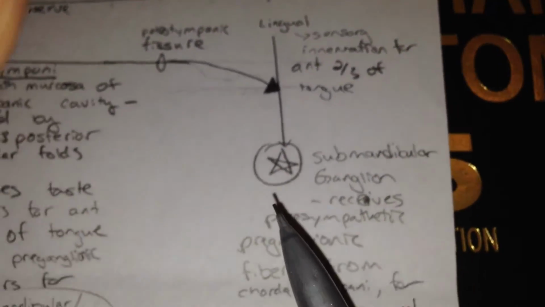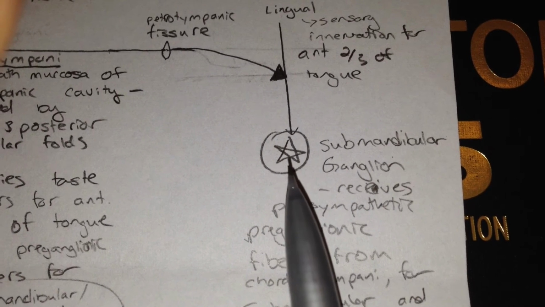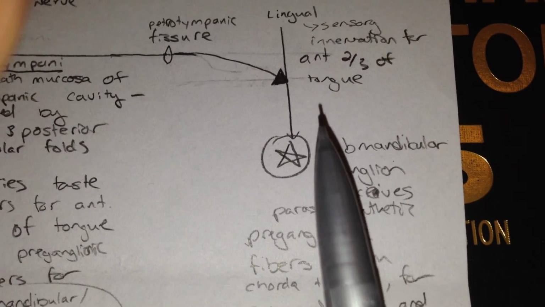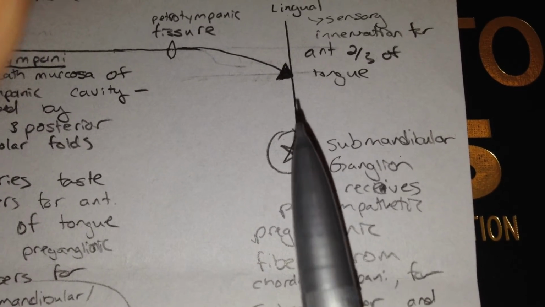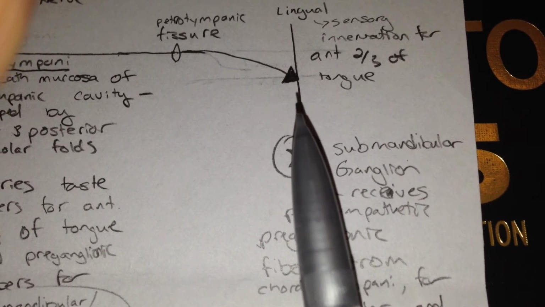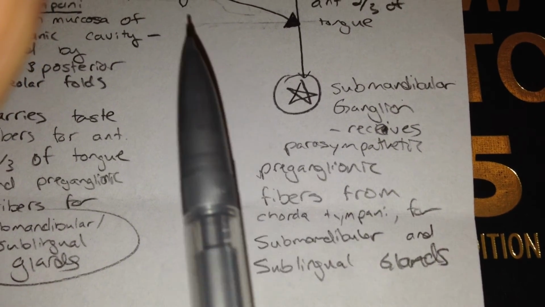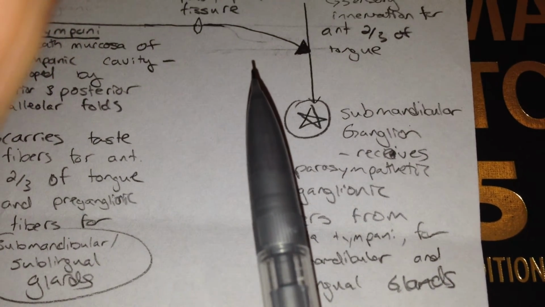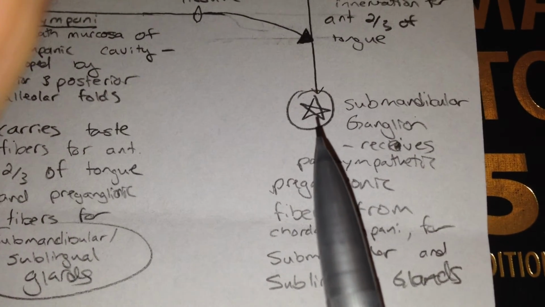Let's take a look. Let's readjust. Now, the lingual is on its way to the submandibular ganglion, and the lingual is carrying the sensory innervation for the anterior two-thirds of the tongue. So the chorda tympani joins with the lingual, and therefore the parasympathetic fibers and the taste fibers of the chorda tympani are going to reach the submandibular ganglion.